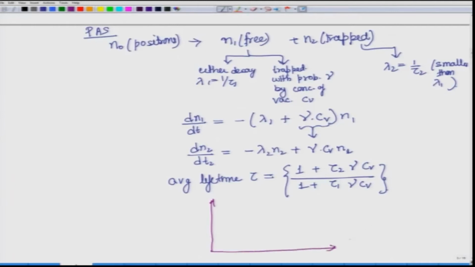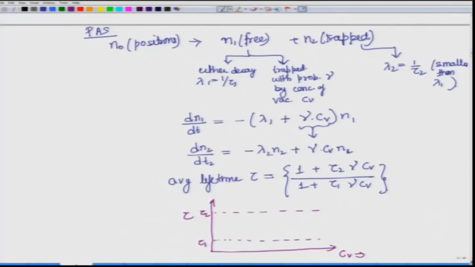So, on the x axis I have concentration of vacancies, and on the y axis I have average lifetime, and over here let me plot tau 1, which is the lifetime for the free positrons, and tau 2, which is the lifetime for the ones that are trapped, and as you can see I have already shown tau 2 to be larger. So, if you had only free positrons, meaning it does not get trapped, it is only free and it goes from one end to the other end, then it will have something like this.